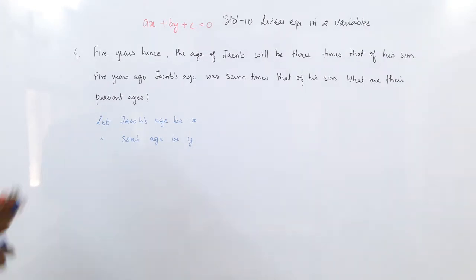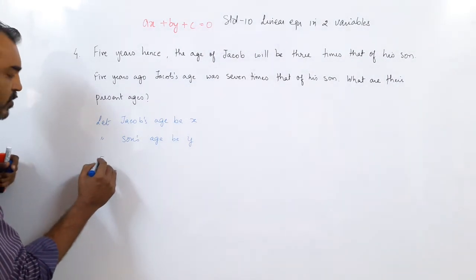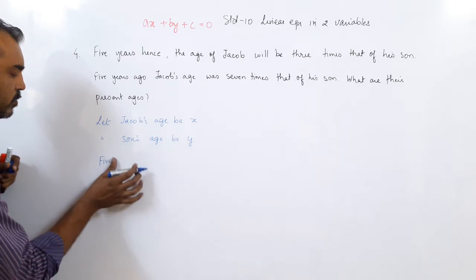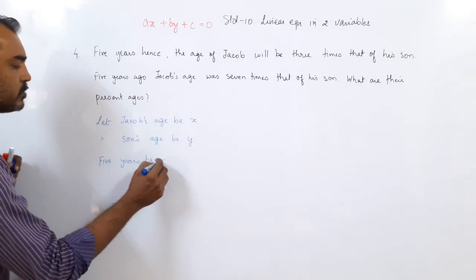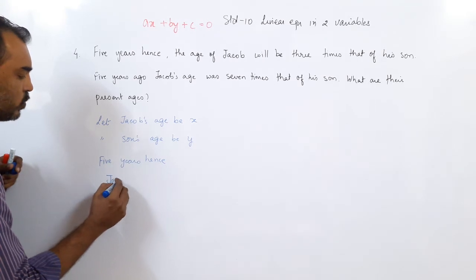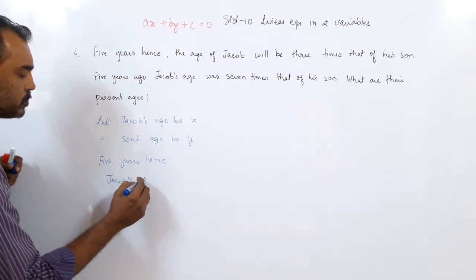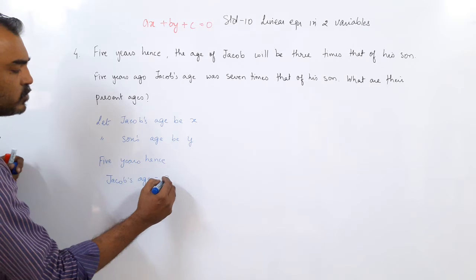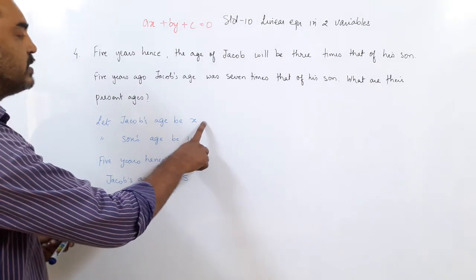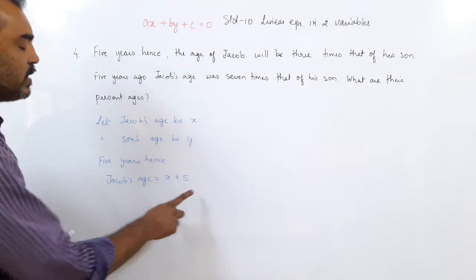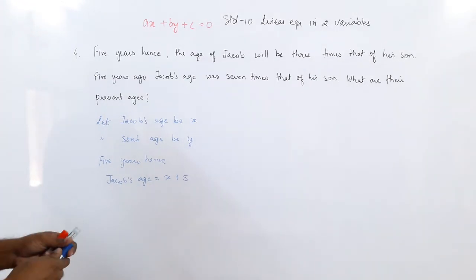So first we'll write 5 years hence means after 5 years, Jacob's age should become how much? Jacob's age should be x plus 5. Because if Jacob is 30 years now, 5 years later his age will become x plus 5, or 35.